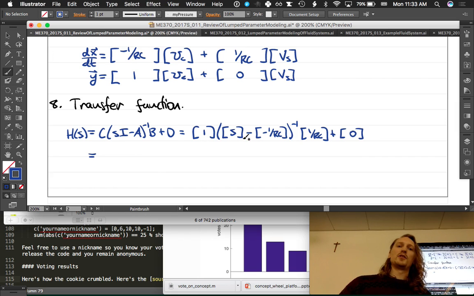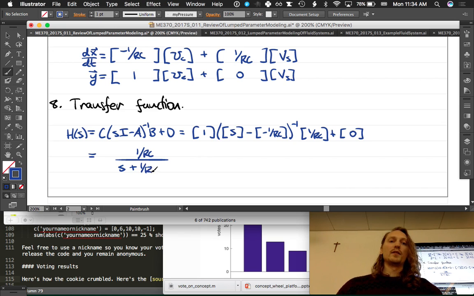It's just whatever the numerator is divided by s plus 1 over RC. I'll do it in 2 steps. I'll put the 1 over RC in the numerator. I know you guys like it when I do multiple steps. And then the denominator, we're going to have s plus what? One over RC. Very good.